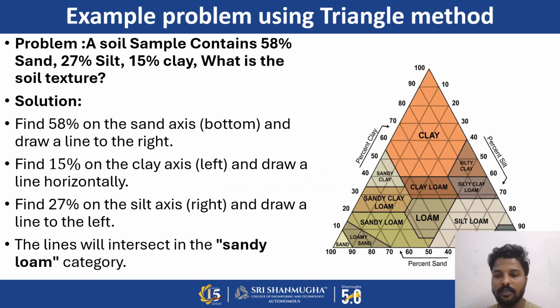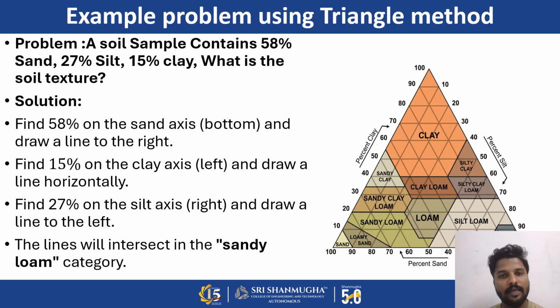Yes, here you can see the soil textural triangle on the right side, and on the left side I have given a problem for your understanding. By using this soil textural triangle, we're going to find the solution for this problem. First of all, we have to read this problem.